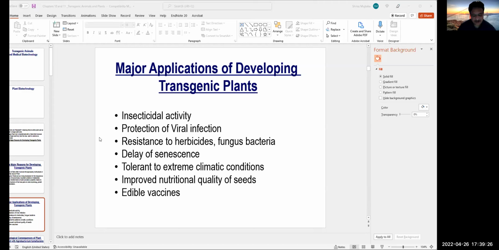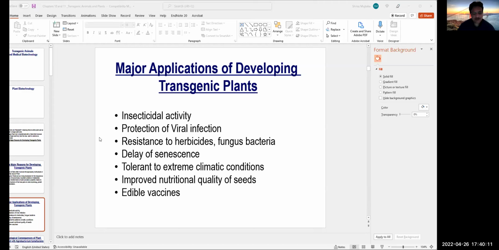Then delay of aging in a plant. Let the plant stay young for a longer time so that it can produce food or crops for a longer time. And of course, climate change. Agriculture is a profession which goes on every year, every season, right? And soil has limited capacity to provide nutrients, right? So the current agricultural soil may not stay as healthy as it is now, 50 years from now, because it has been used and overused and overused.